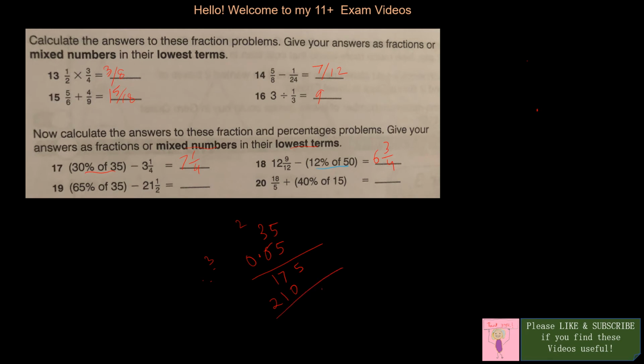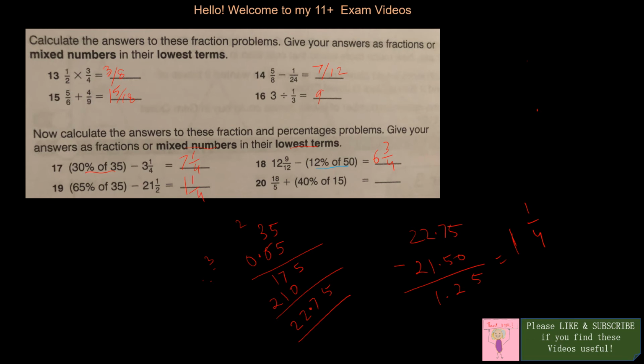So we get 5722. That is 22.75. So it's 22.75 minus 21.50. So we get 1.25 or 1/4.